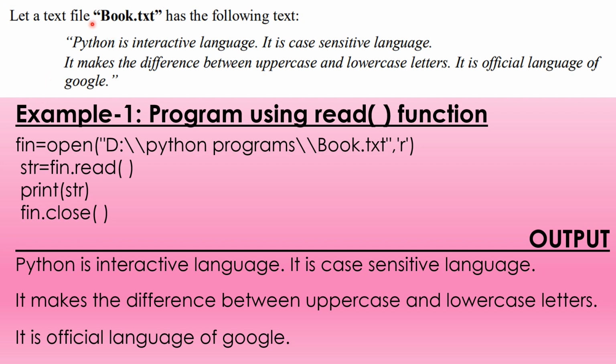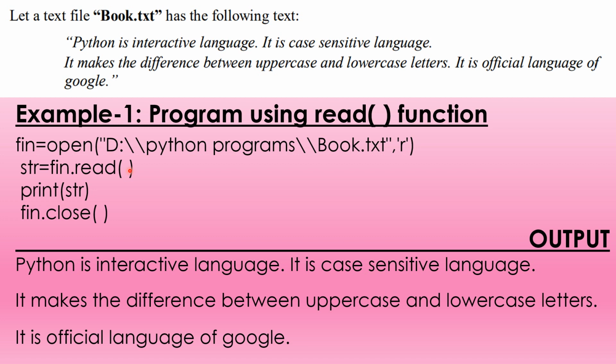Now here is the program. Let there be a text file book.txt. This is the file name, and it contains this paragraph, as you can see here. In this program we will use the read function. Here we are opening the file. This is the file name and this is the mode. R means read.